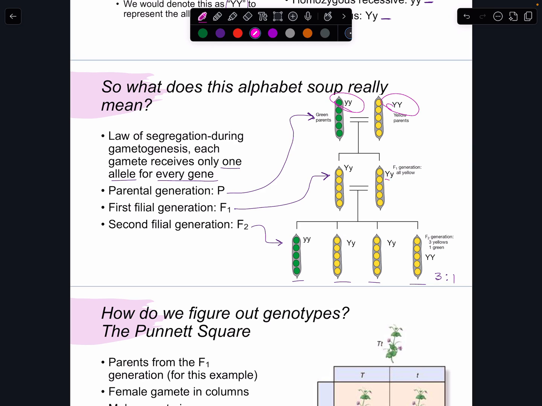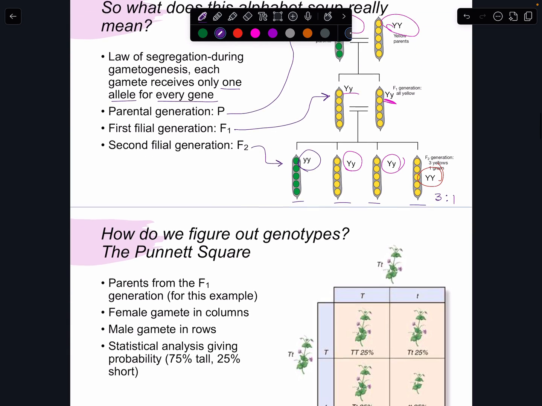So all of these will be heterozygous, because there are two homozygous parents, one dominant, one recessive. In the next generation, you end up with two capital Y, lowercase y, one lowercase y, lowercase y, and one capital Y, capital Y. That 3-to-1 ratio is what is expressed as the phenotype, which is what's seen.